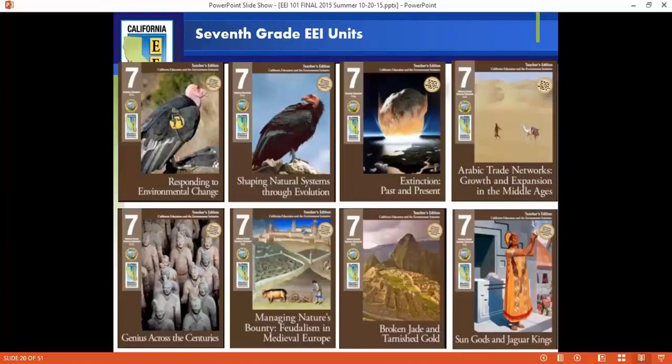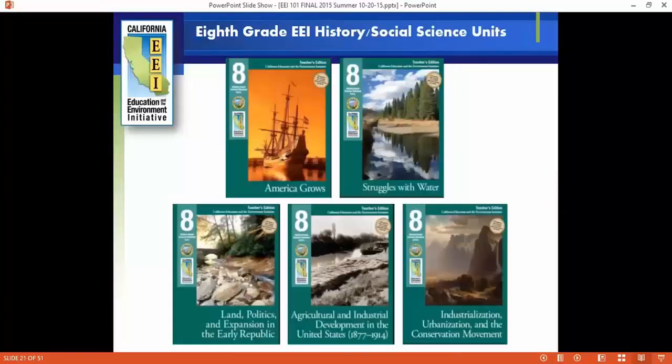And we also look at Mayan, Aztec, and Incan civilizations in seventh grade units as well, with an eye towards natural resources. Yeah. So with eighth grade, students are exploring immigration from Northern Europe to the U.S. during the first half of the 19th century, and also looking at river systems and water rights and how that affected development in the American West.